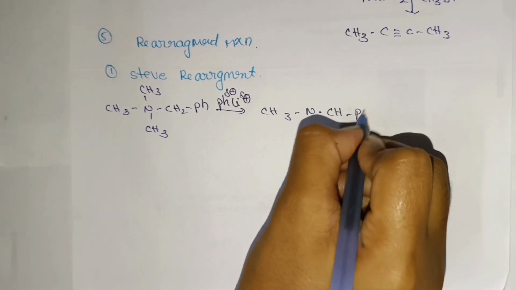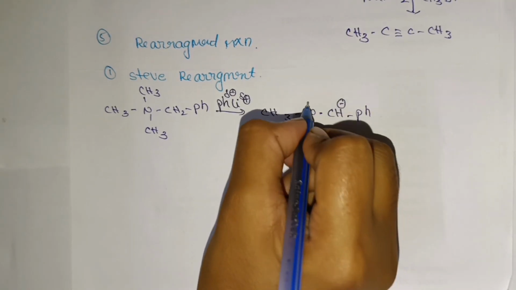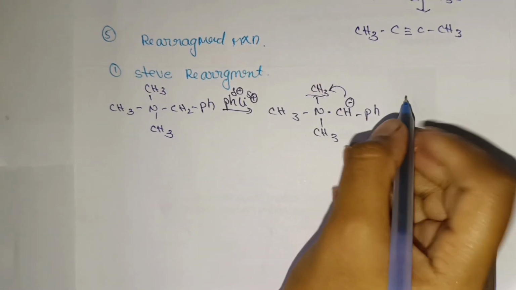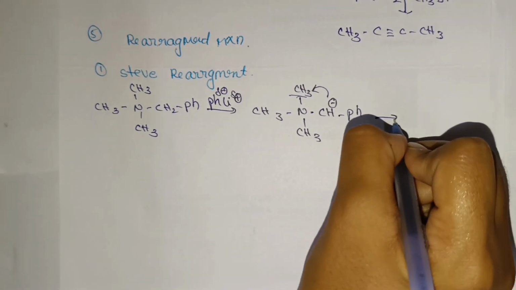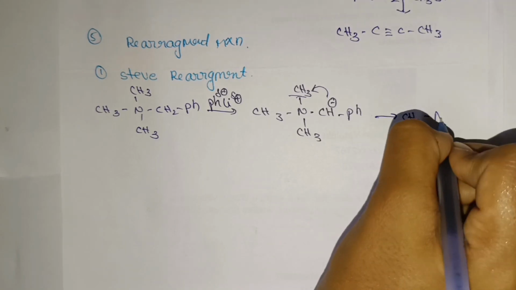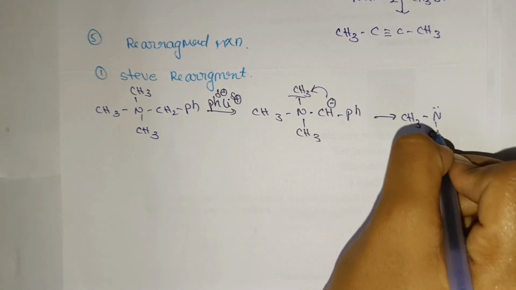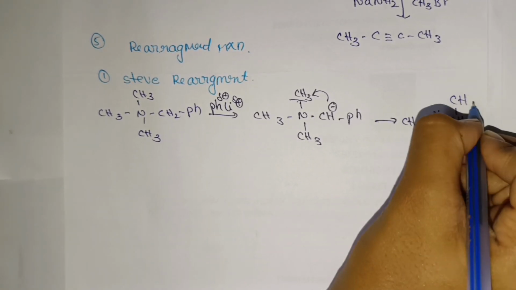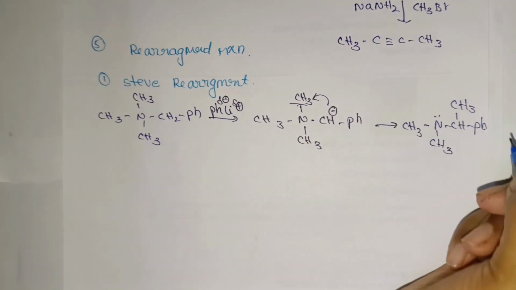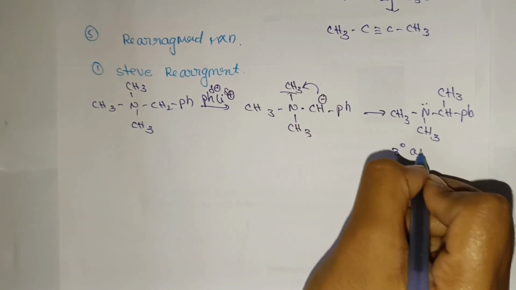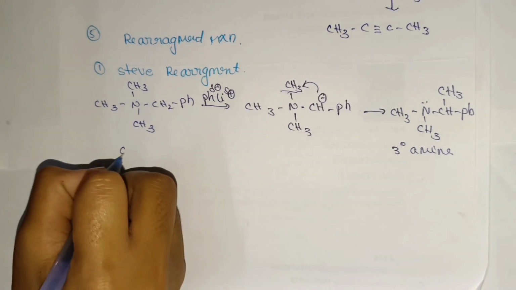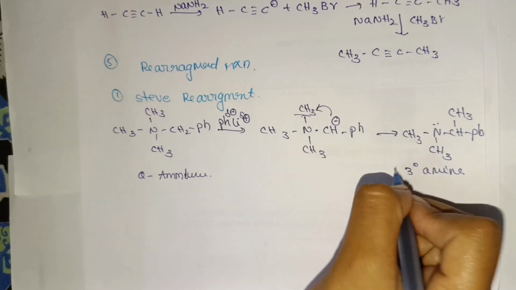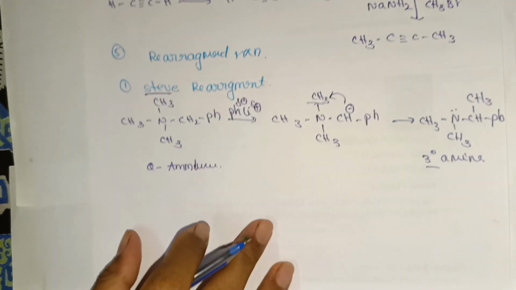Here the negative charge attacks this CH3. It forms CH3N, nitrogen with a lone pair. Here CH3, this migrates here. Finally phenyl. This is a tertiary amine. Quaternary ammonium to tertiary amine, that is Stevens rearrangement.